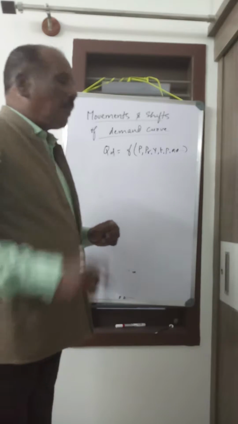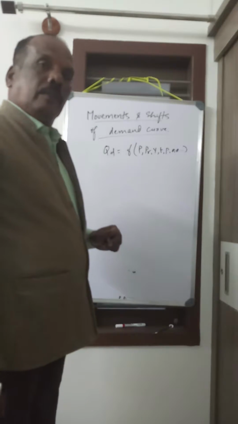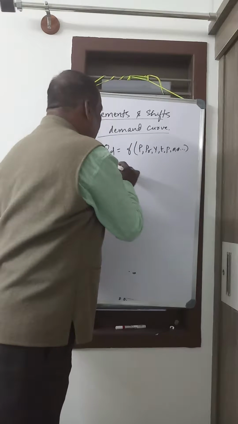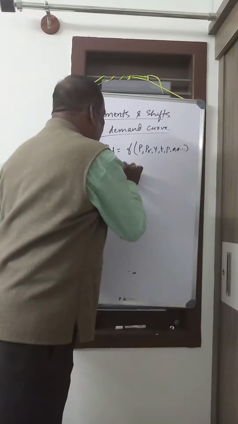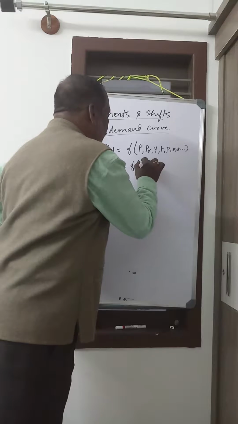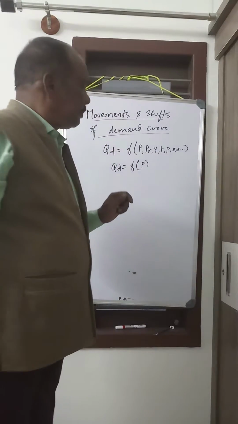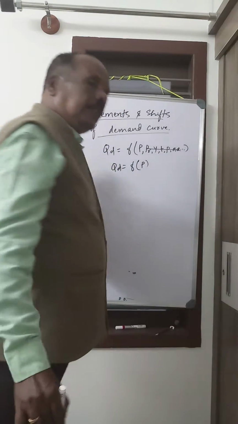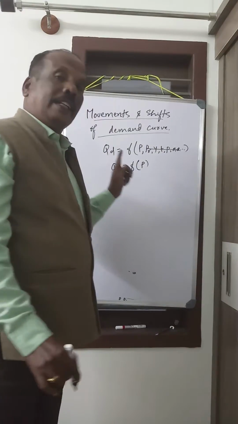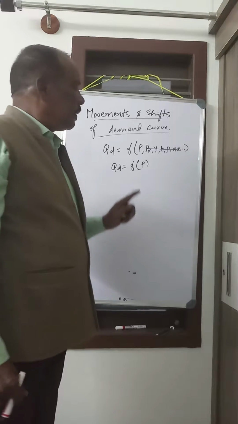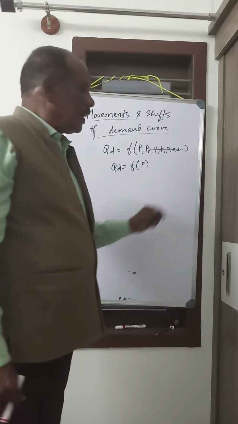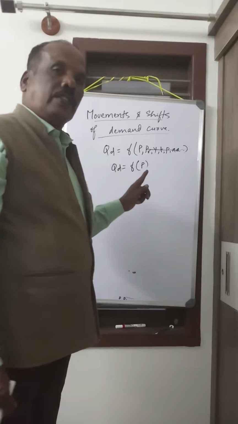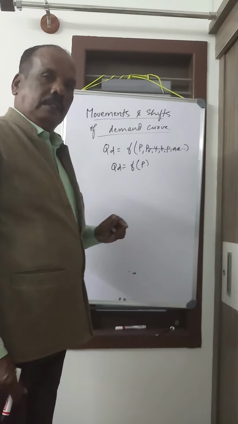So in the law of demand, what we study is that quantity demanded is a function of price, forgetting all this. That is why we assume ceteris paribus, other things remaining constant. When the price changes, there will be changes in demand.